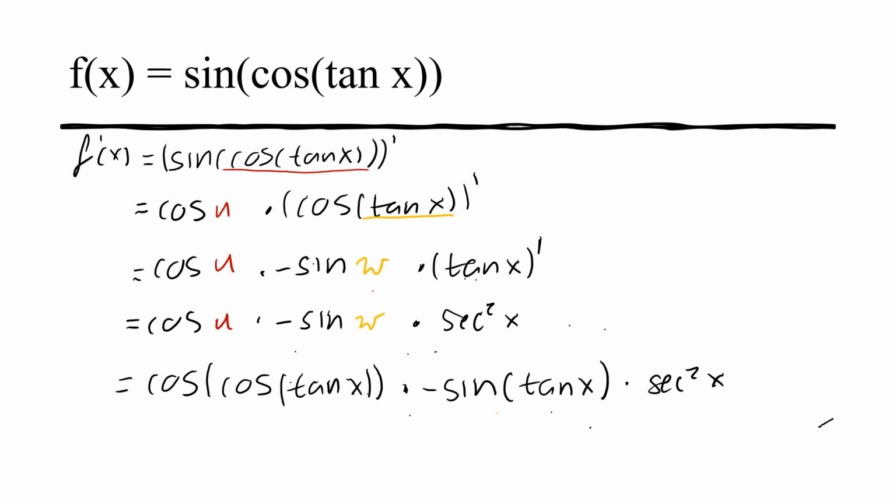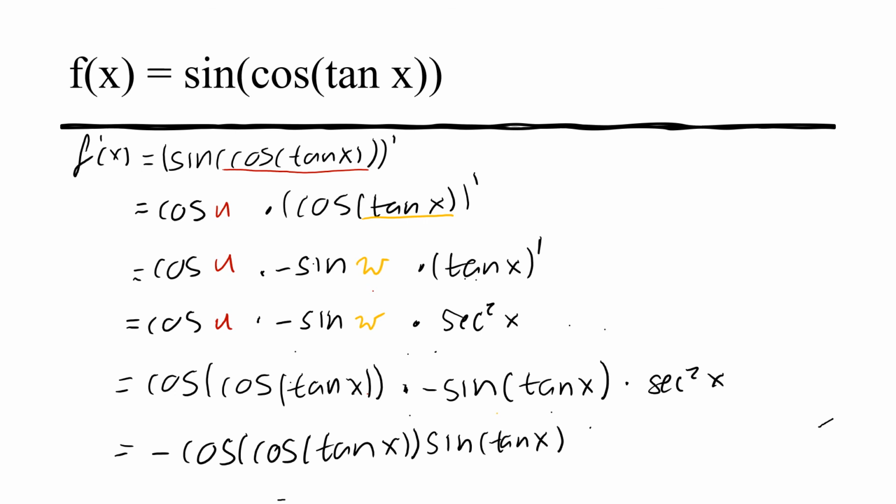So here we can do a little bit of simplifying, but not much. And our final answer will be negative cosine of tangent x times sine of tangent x times secant squared x.